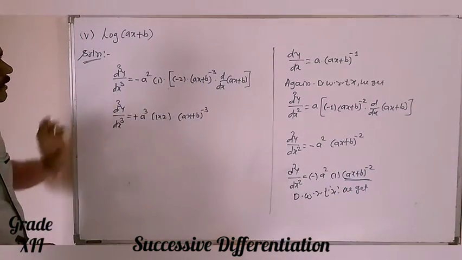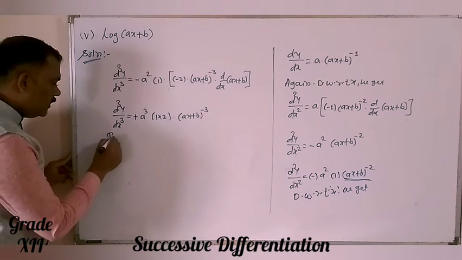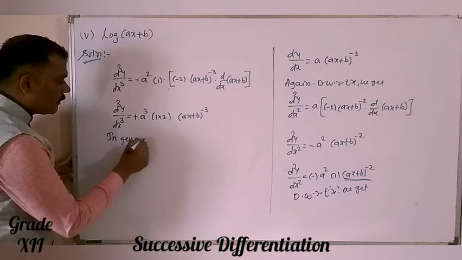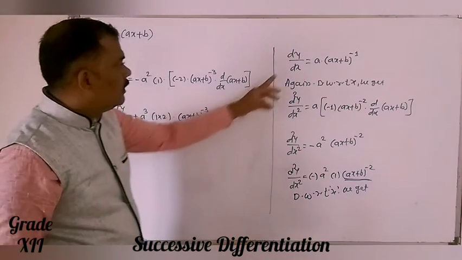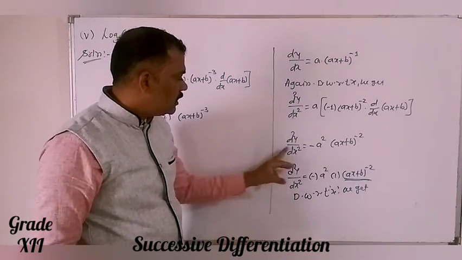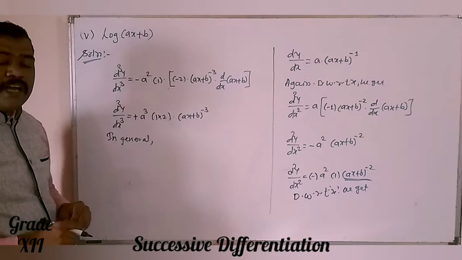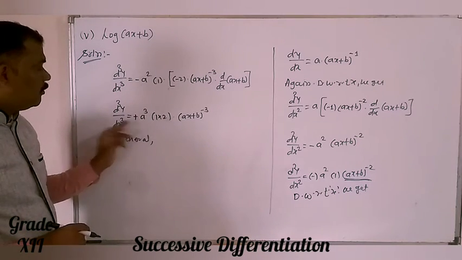Now we have to get the third order derivative. Now we have to observe the pattern, so that we can write in general. Here we have to see that the sign is positive for first order derivative, for second order derivative the sign is negative, for third order derivative the sign is again positive.